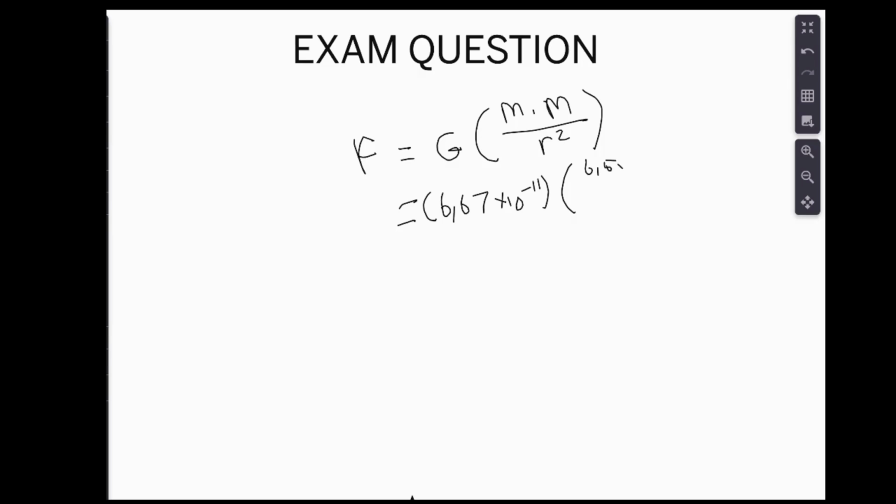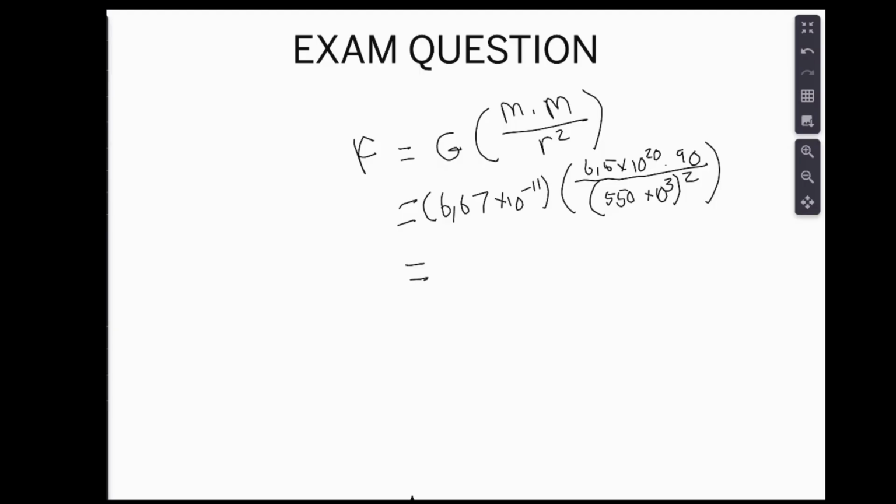And then remember, distance is in meters, so you need 550 times 10 to the 3, add the 3 zeros, and that's all squared.